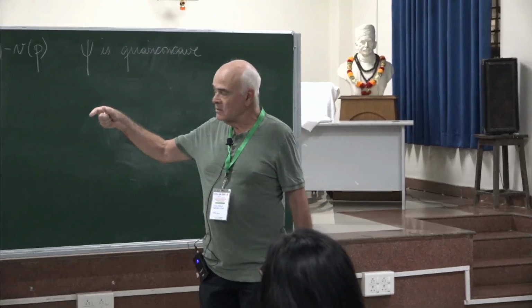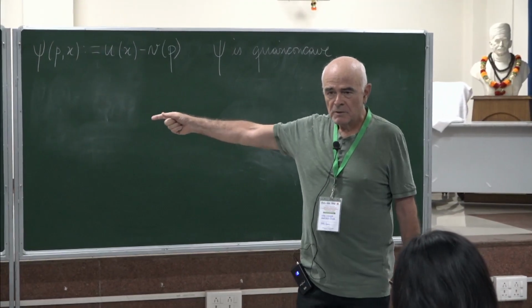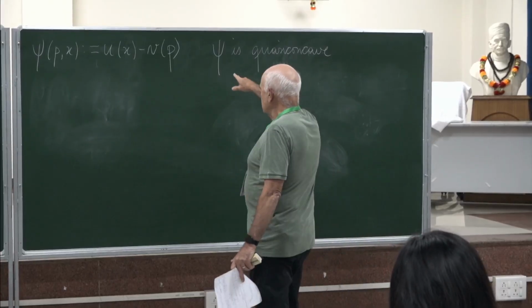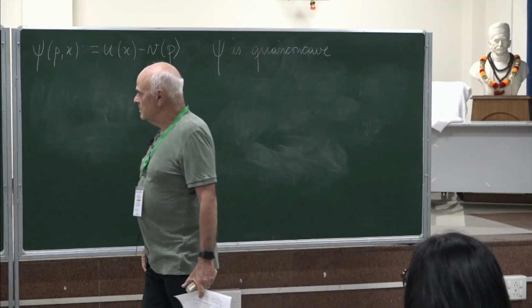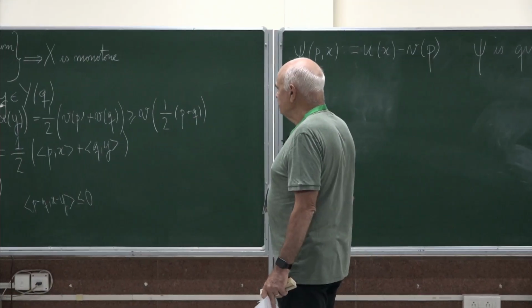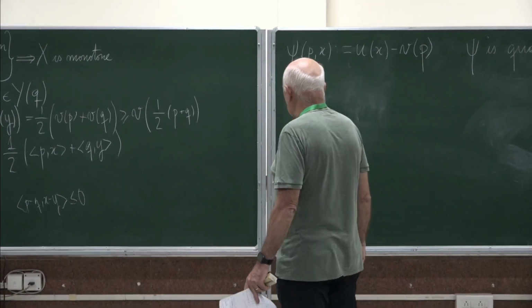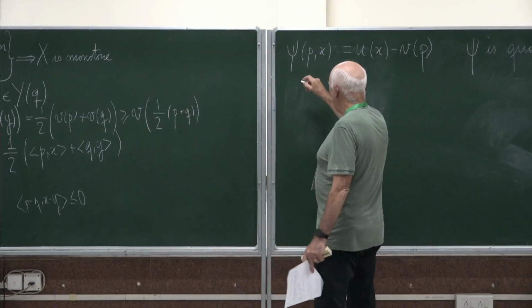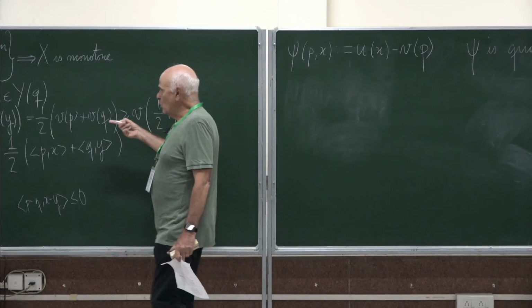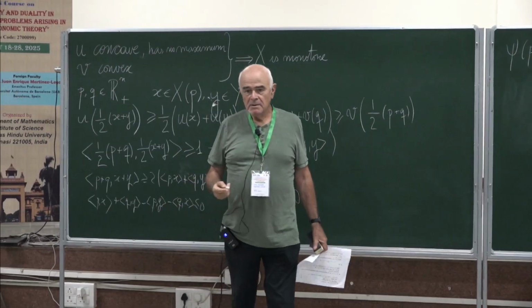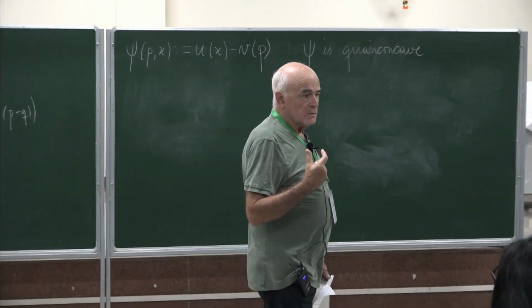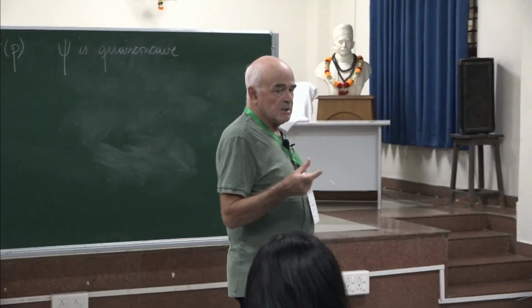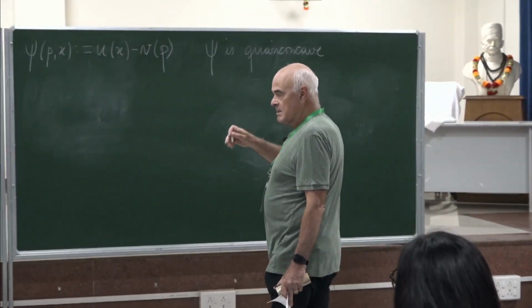How would we write the proof under this assumption, the same proof? We would say, okay, instead of starting with 1/2 of x plus y, I would start with 1/2 of the sum of (p, x) plus (q, y), and apply psi to it.